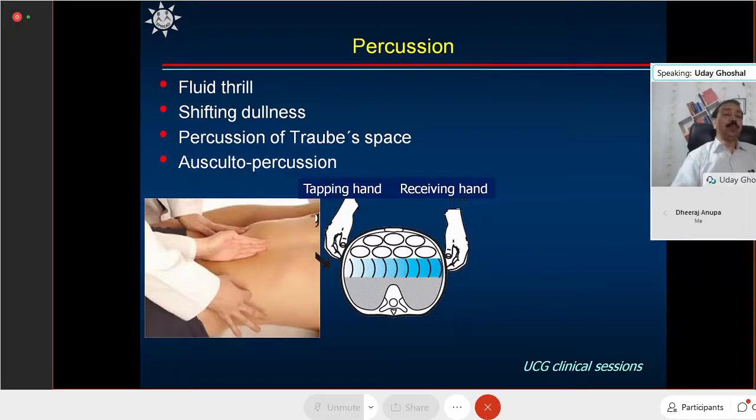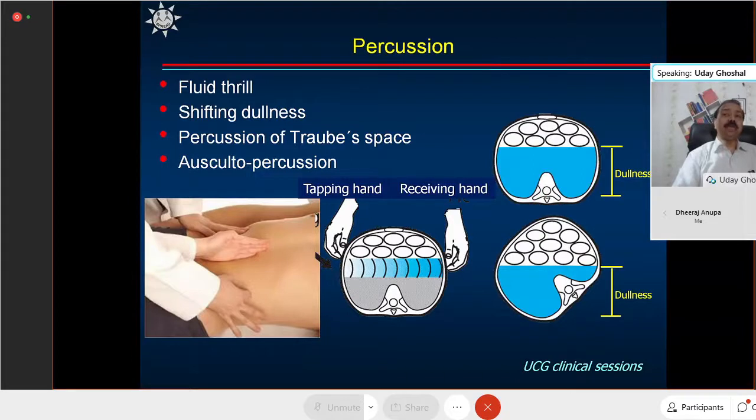Fluid thrill means you put a hand on the anterior abdomen, in the middle, then tap on one side and feel on the other side. If there's a lot of fluid, this fluid will give that transmitted tapping on the other hand. And this means there's a large volume of fluid. Whereas if you have a small volume of fluid, this will not be there. So in small volume fluid, what you have to do is shifting dullness, you all know the method.